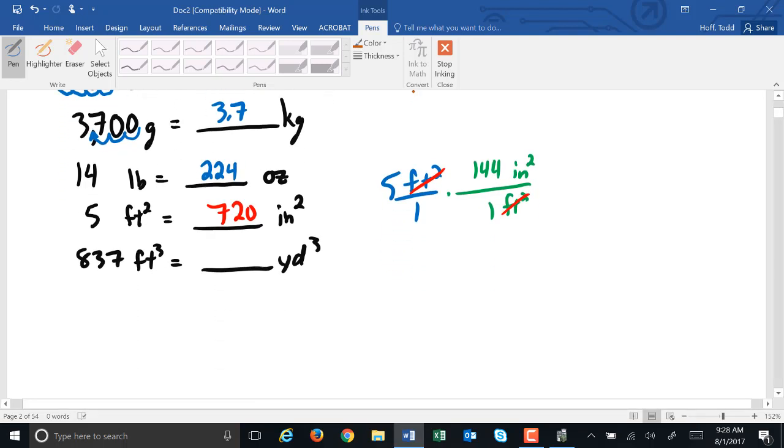Okay, then the last one here, 837 cubic feet into cubic yards. What do we get? Careful, you did square feet into square yards. There you said it.